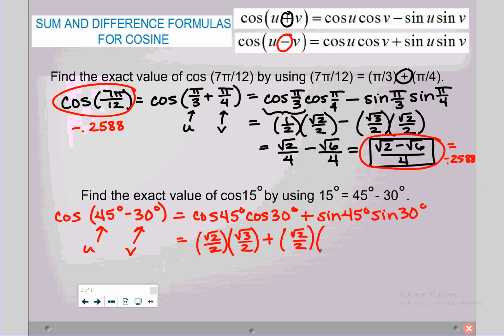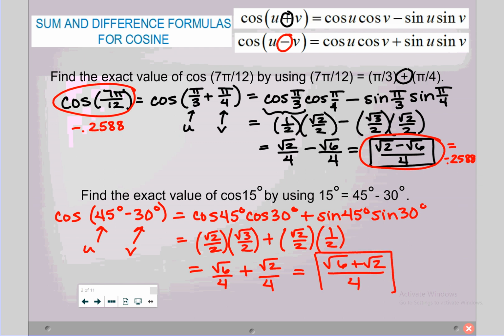Sine 30. So my first set of fractions, if I multiply them together, I get rad 6 over 4. Second set of fractions, rad 2 over 4. Rad 6 plus rad 2 over 4.